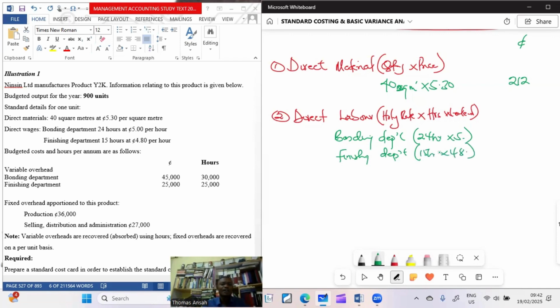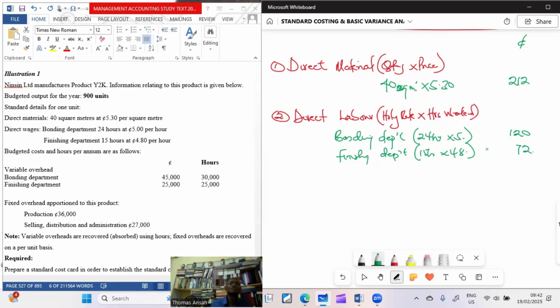So these are some easy understandings you need to get. So now if you look at this, what are you going to get? If you multiply 24 by this in the bonding department, what I get here is 120. And if I multiply 15 by 4.8, that is also 72.